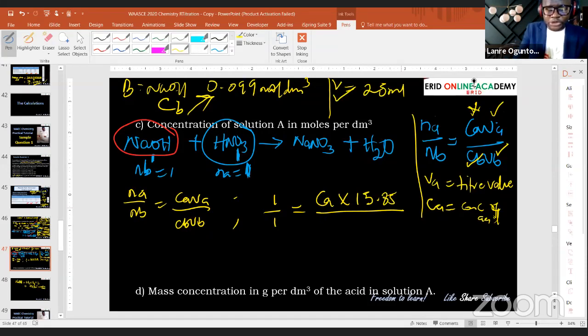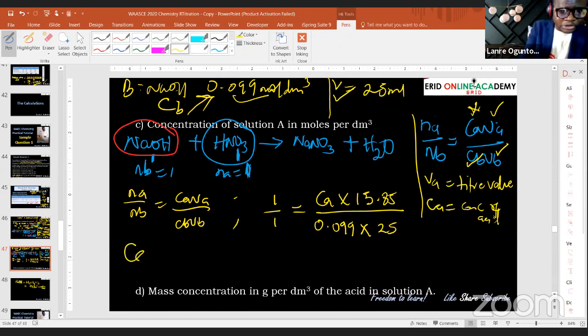Cb is the concentration of base, which is 0.099, multiplied by Vb, which is the volume of base used, which is 25. You don't need to divide by 1000 here because both your acid and your base have the same units. They will cancel out.